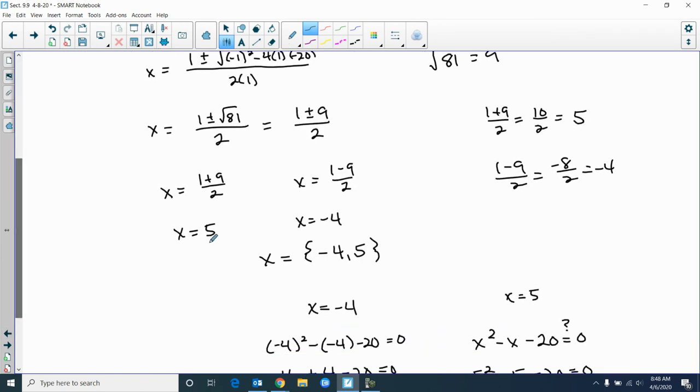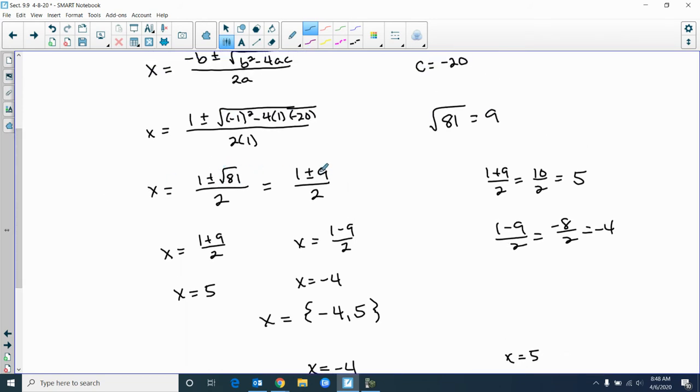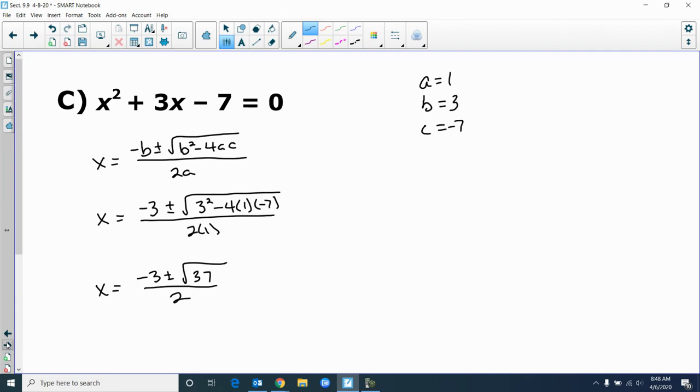For this one here, we had the square root of 81, which is 9. No more radical. Worked out to a nice whole number. We come up to nice whole number answers. All right, what's going to happen here is we're going to come up with two sets of answers. I'm going to have the radical answer, and I'm going to have the decimal answer.